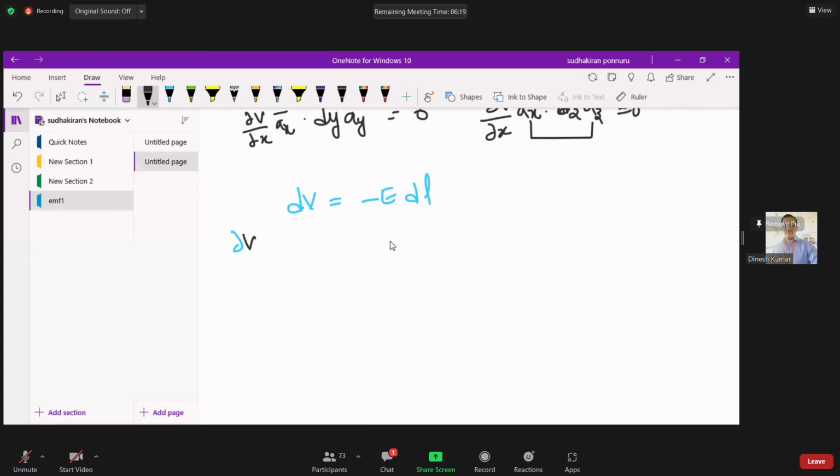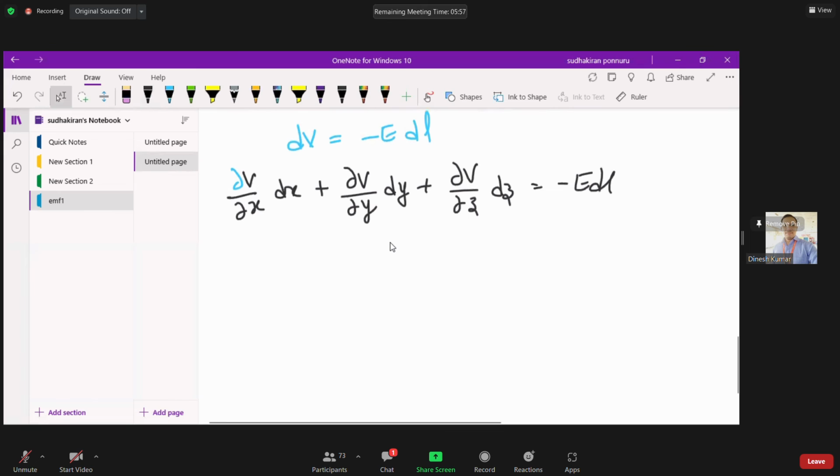∂V/∂x dx plus ∂V/∂y dy plus ∂V/∂z dz is equal to minus E·dL, which I have expressed using differential equations in the rectangular coordinate system.